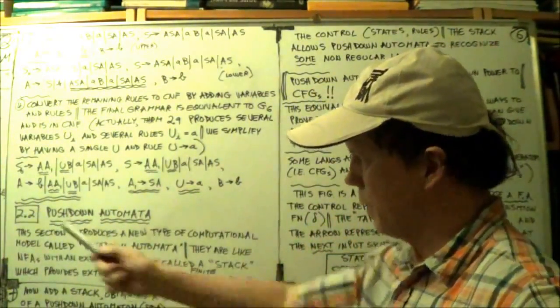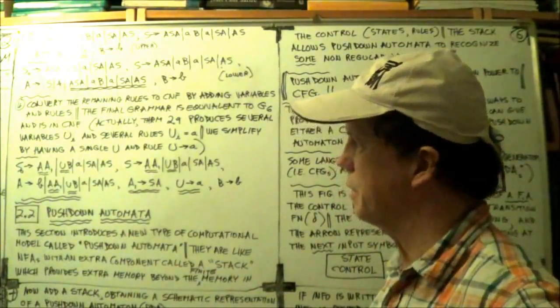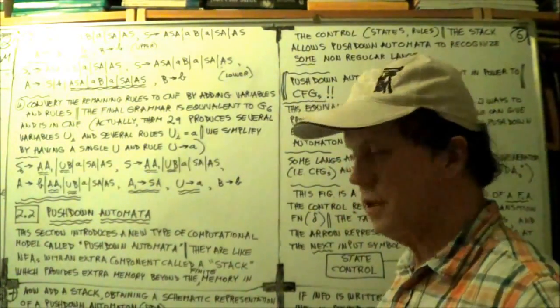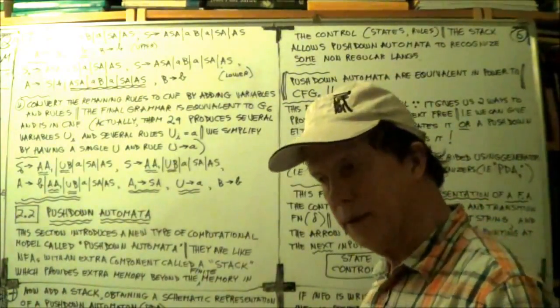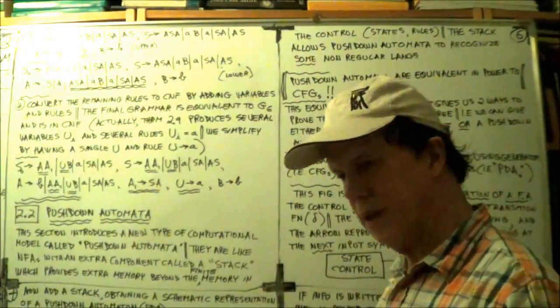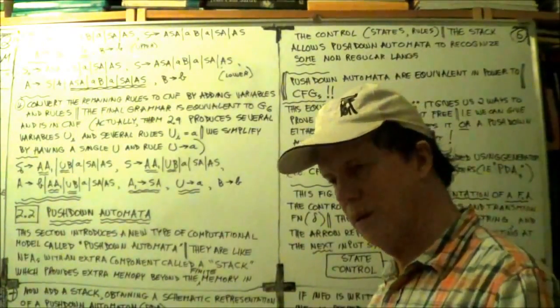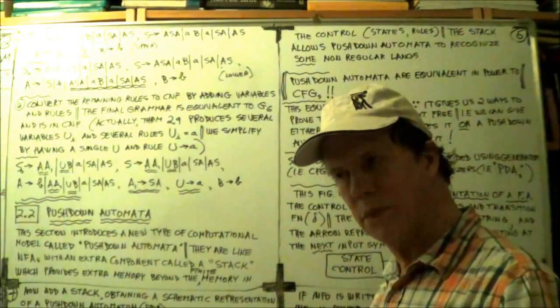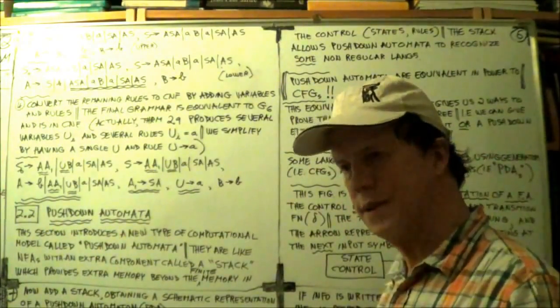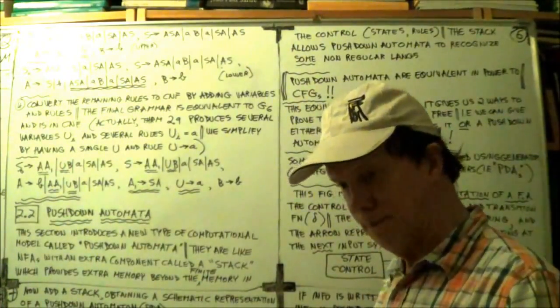All right. So next section, whole new topic, a major topic, because it's a new kind of automaton. And characteristic of it is that it has a stack. And what's a stack? Well, we talked about a stack very early on in lecture 2, in fact.